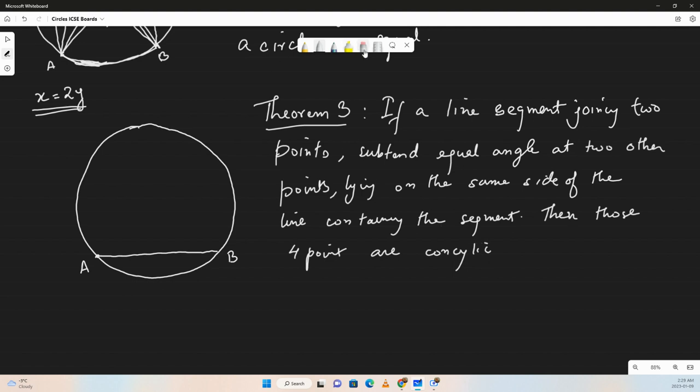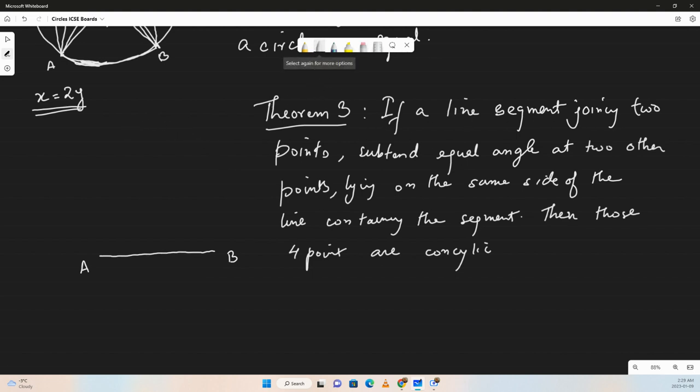Now let me explain this to you, and let's not draw the circle first. Let me explain in words and then we'll draw the circle later.